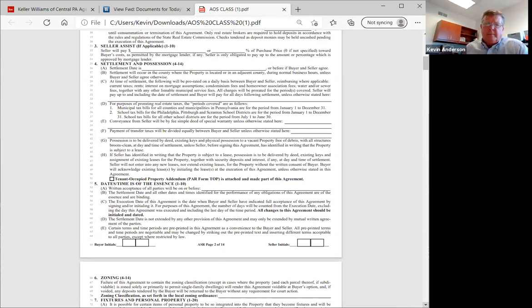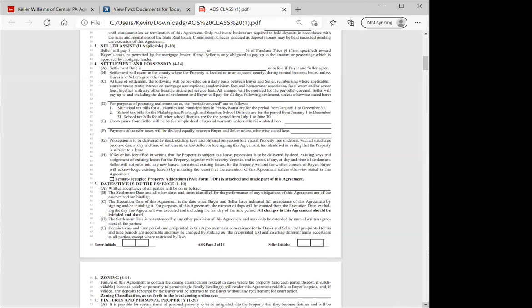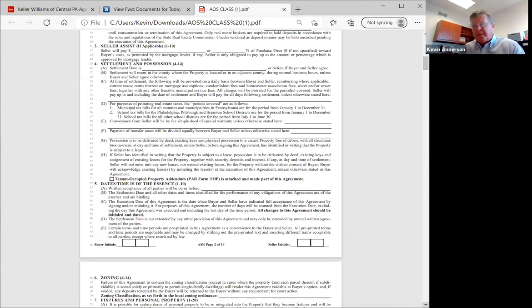And you don't need an initial in that case, but if you're writing it in after you have negotiated the contract, it's like a counter offer, then yes, you need initials. Anytime you change anything after the initial signatures, or if it's a counter of any kind, we need initials and a date too.